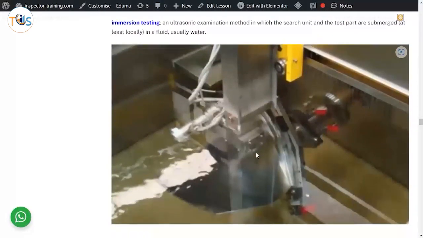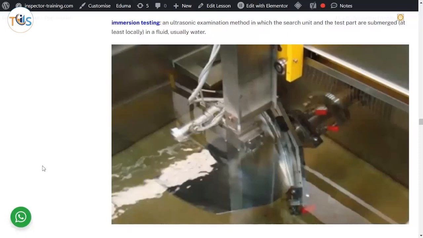Immersion testing: when you immerse it in, normally, water. This is for high frequency, because the higher the frequency of the probe, the thinner it is. Like 25 megahertz frequency is a very, very thin crystal or quartz, and you can't really use it with any method other than immersion testing, because it can break very easily.